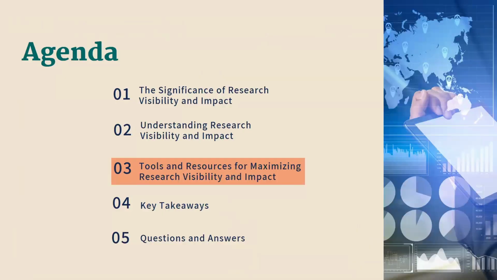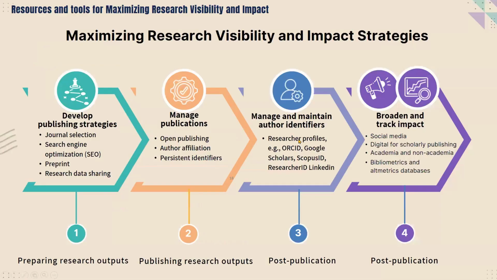Okay, now let's move into another essential topic: tools and resources for maximizing research usability and impact. We'll delve into strategies for maximizing research usability and impact throughout the various stages of the research publication process. Firstly, at the stage of preparing the research outputs, it's crucial to develop effective publishing strategies.